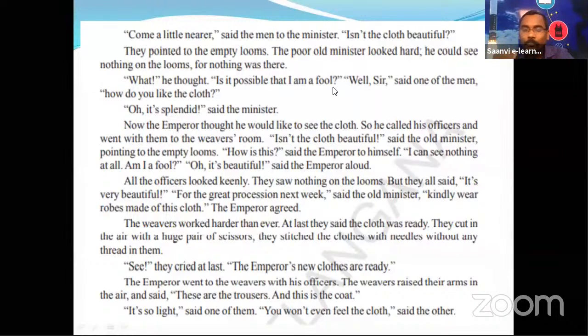Actually, the officers, the old minister, the king, they did not see anything on the loom, but they all said that the cloth was excellent. Why did they say that? Because they wanted to impress the king by pretending to be wise men.